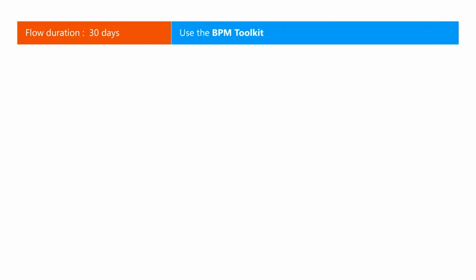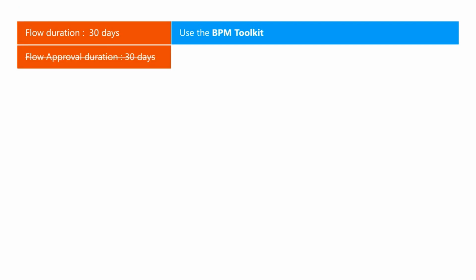So there's no way to have a flow that can run for longer than 30 days. I've tried different patterns. They work, but they are not easy to maintain and to implement. That's why I created a tool called the BPM Toolkit that I will describe here. I already described this tool quickly last year for the same user group, but the tool has evolved, so that's why I show it again.